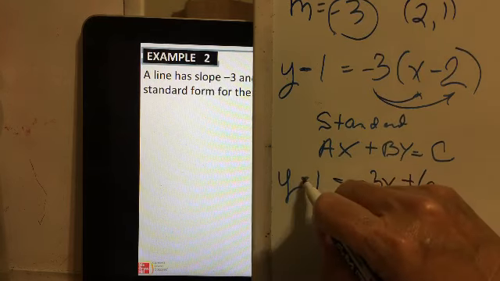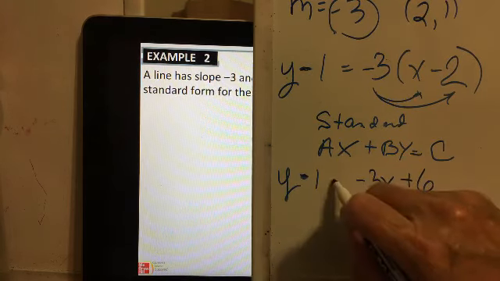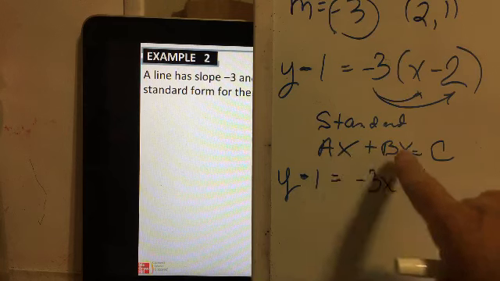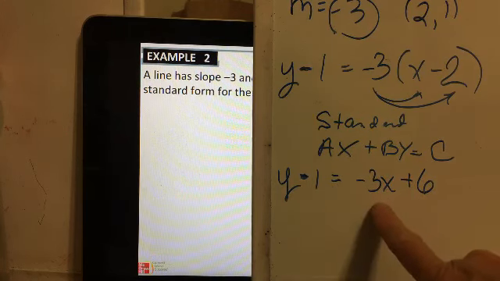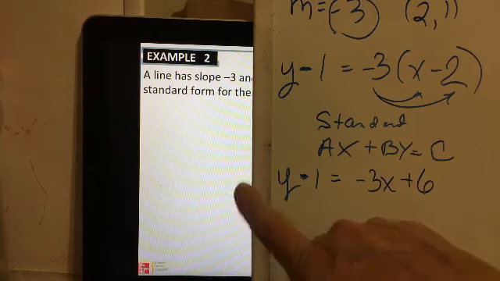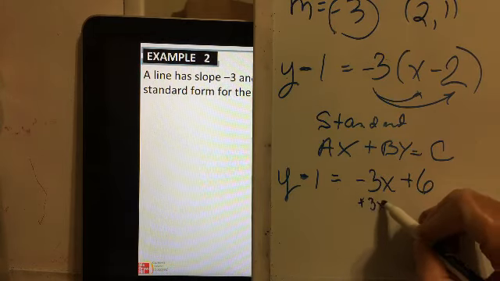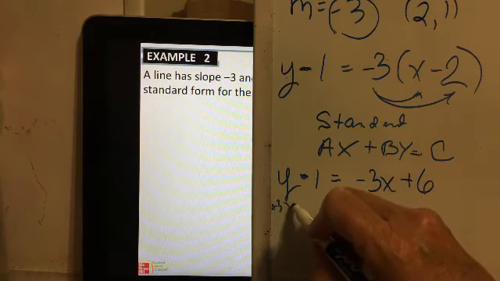It's hard to write on this board because I've got a camera in between me and the computer. But we want our x and y on the left, don't we? So this -3x needs to be moved to the other side. So I will add a 3x, and I will add a 3x to the other side.